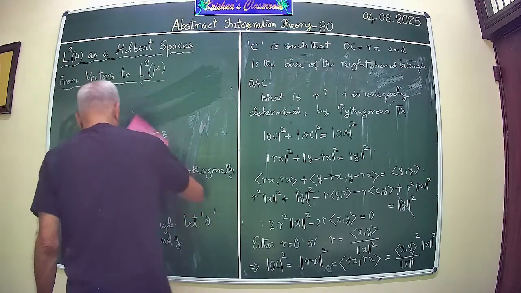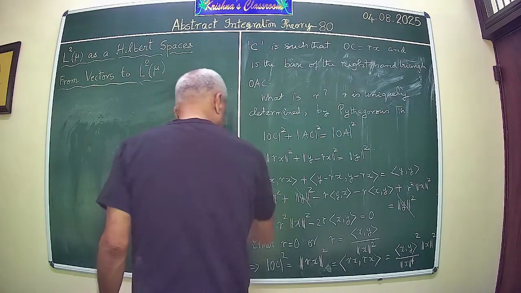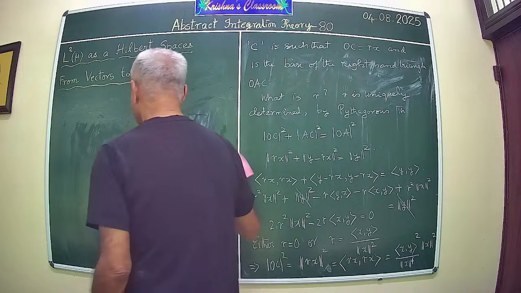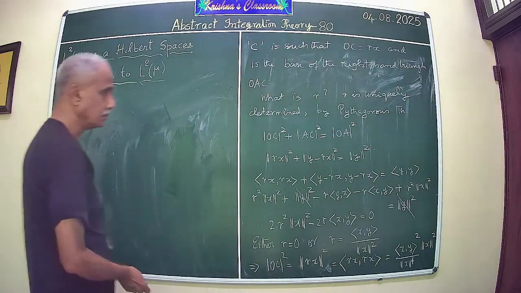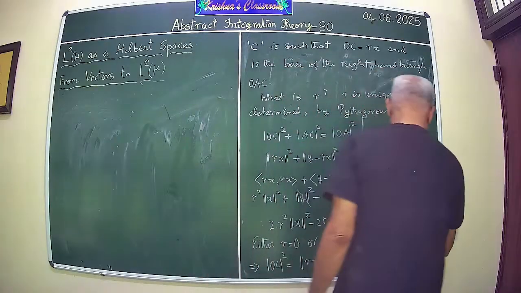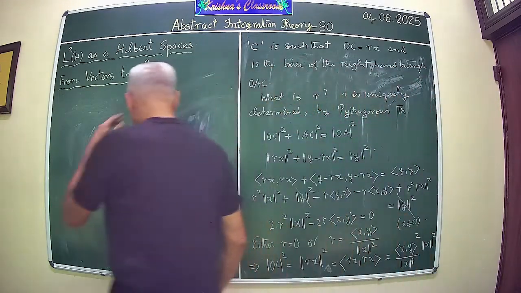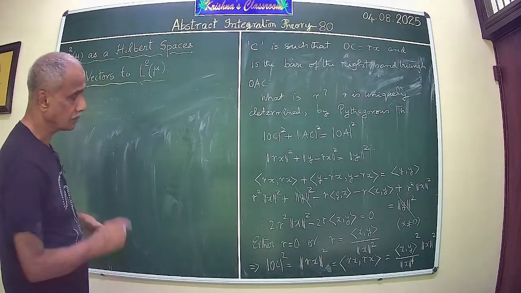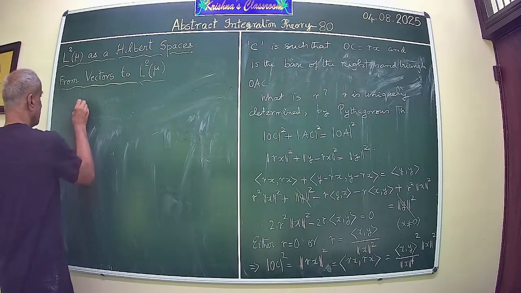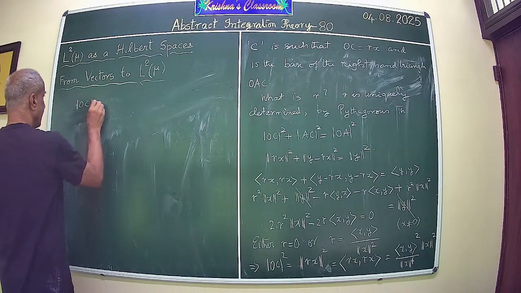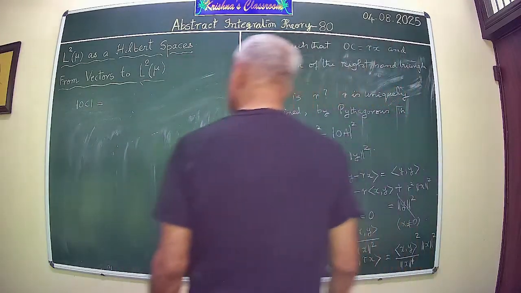So if x is not equal to 0, of course x not equal to 0, now what you get? The length of OC is essentially the square root of that.